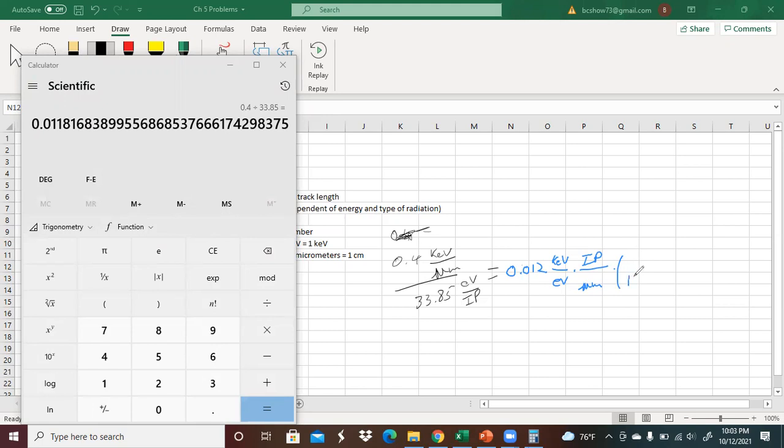I know that 1 keV is going to be equal to 1,000 eV. And I know that if I do that, that cancels and that cancels. Also, I want to put that into centimeters. How many micrometers are there in a centimeter? Well, micrometers are 10 to the minus 6 meters.